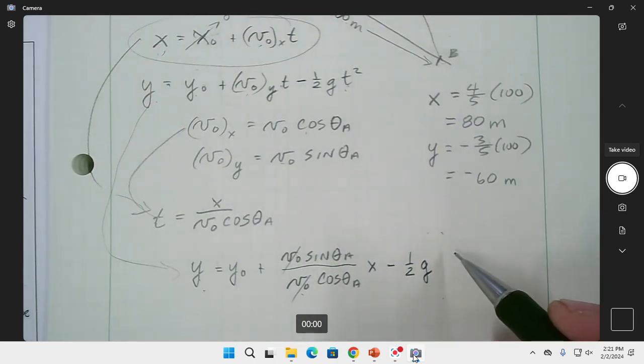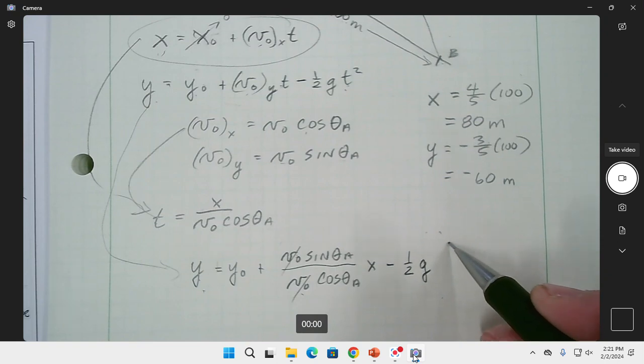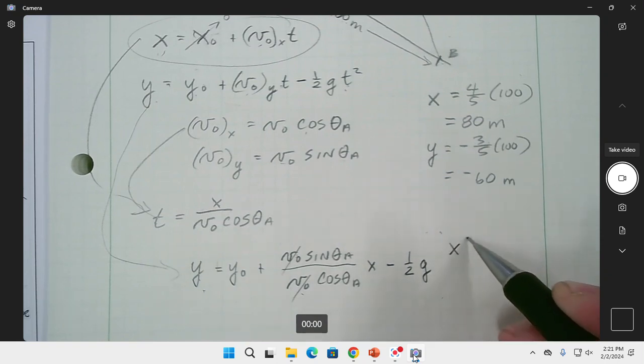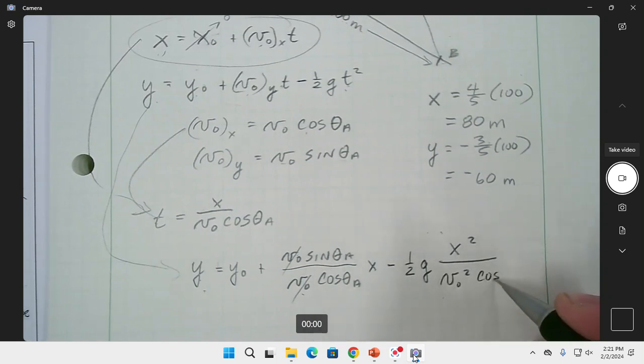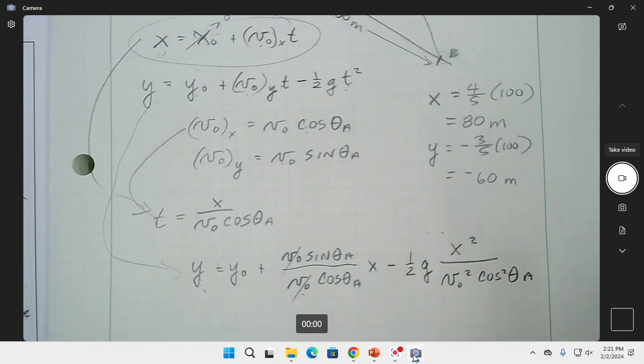We will replace it. So we end up with x squared over V0 squared cosine squared of theta A. People forget that square all the time, that cosine squared right there.